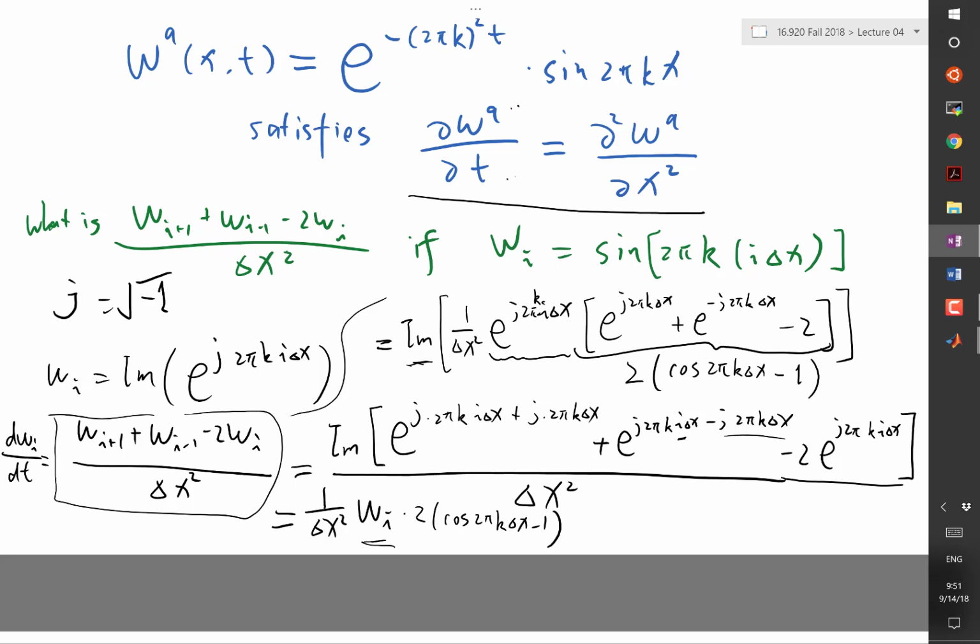That means on this finite difference grid, I cannot distinguish whether I have a constant function or a sinusoidal function. I have no idea what the amplitude of the oscillation is because I'm sampling every period. My grid is too coarse for that function.